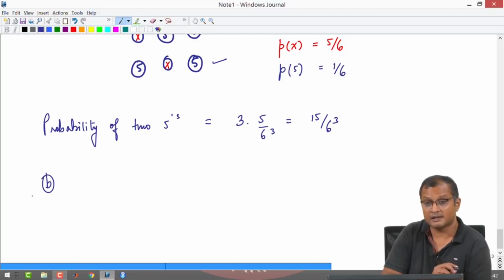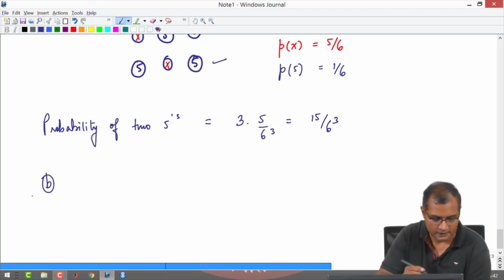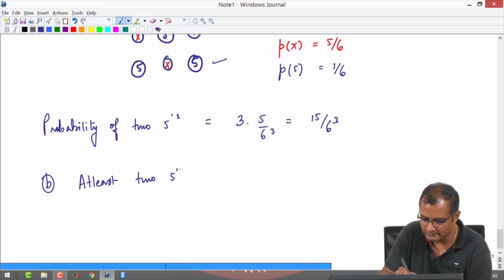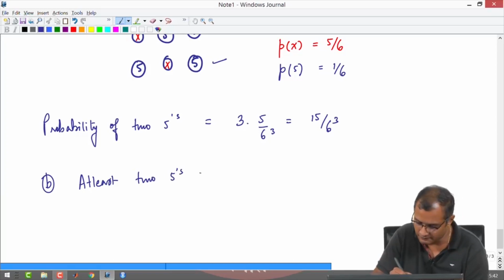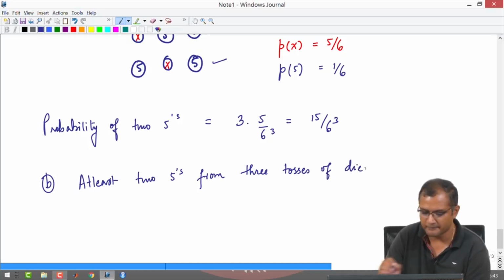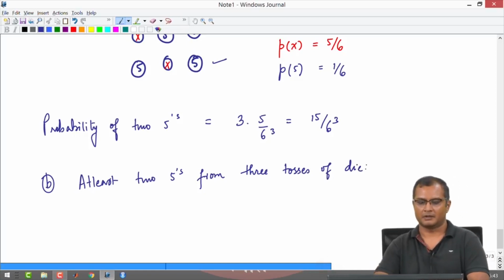We can also ask another interesting question, and that is as follows: what is the probability of getting at least 2 5s from 3 tosses of the die? Okay.